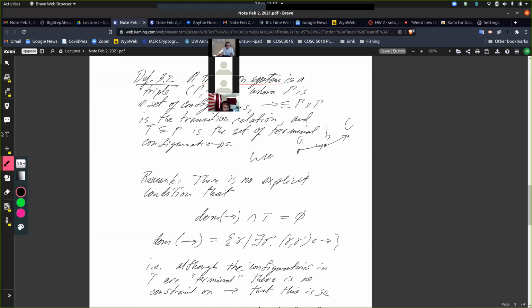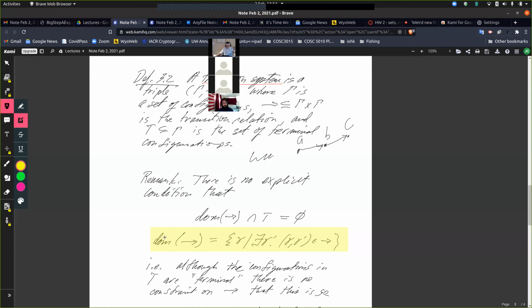So the point is that it feels like there's a lot of things missing from this definition. If you define the domain of a relation to be all the first elements, like if you're thinking in Haskell, you could map first over the list of pairs, if you represented a relation in Haskell as a list of pairs. That would be the domain. Those are the points in the relation that get mapped somewhere.